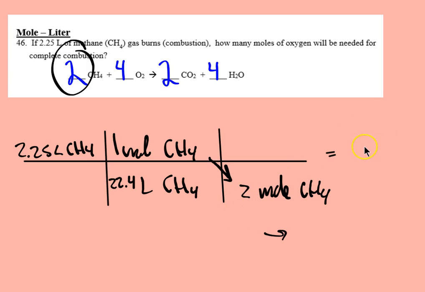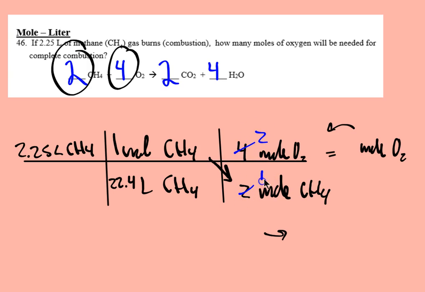We are solving for mole of O2. So that means this has got to be mole of O2. And you can find that number right there, which is a 4. And yes, I would reduce them if you hadn't already to 2 over 1, just for math. So you take this 2.25 times 2 divided by 22.4, and you get 0.2.